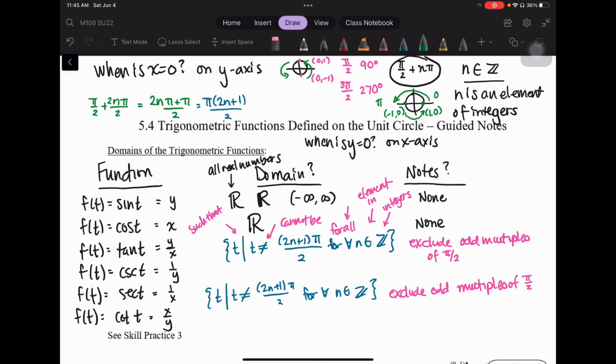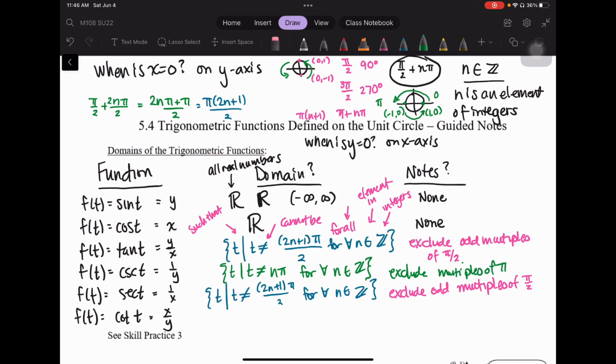And the way that I can write that is just n pi. So I'm going to write that as t such that t cannot be n pi for all, and actually I don't even need to write the for, I could just write the upside down A, for all n in Z, which again means for all integers. So I exclude multiples of pi.